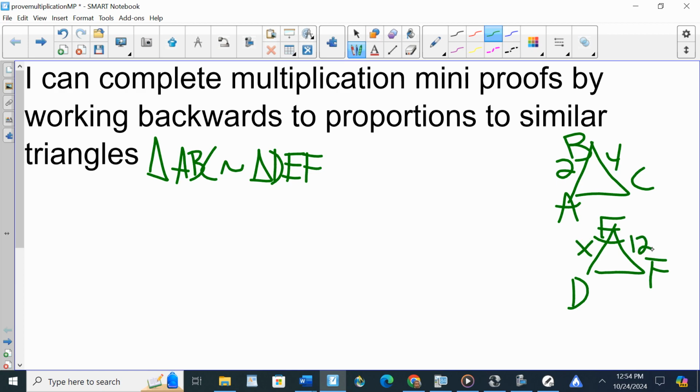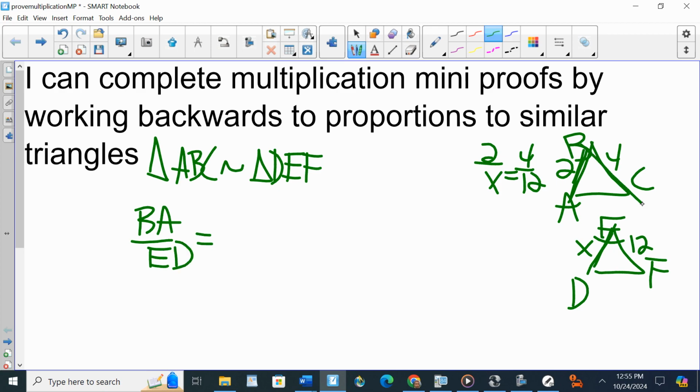If I want to find that missing side, I would create a proportion. I would put 2 over X equals 4 over 12. So 2 over X, I would do BA over ED is equal to BC over EF.